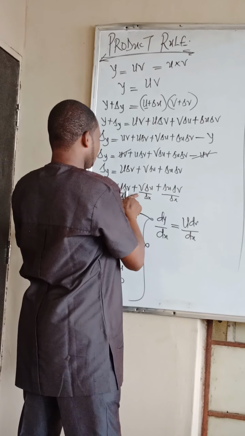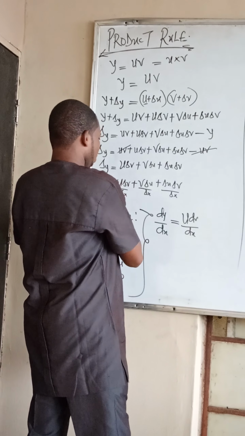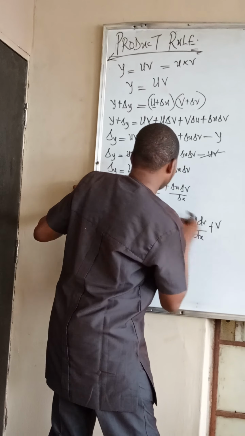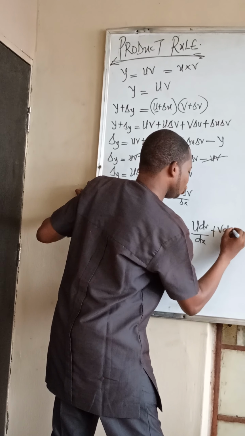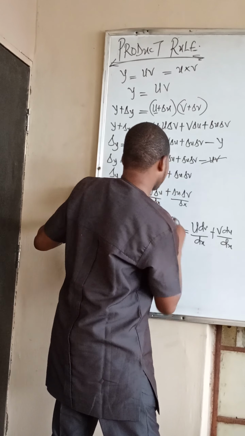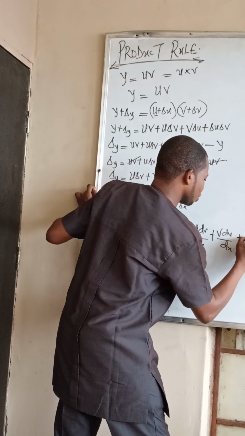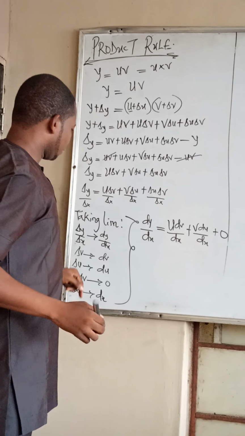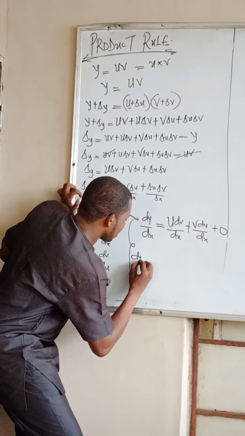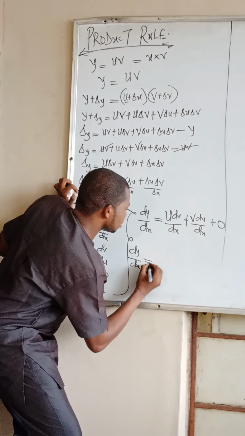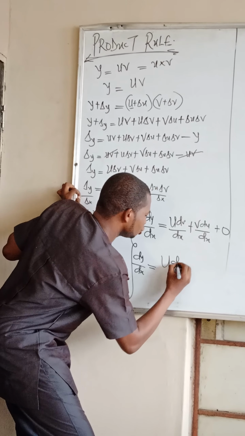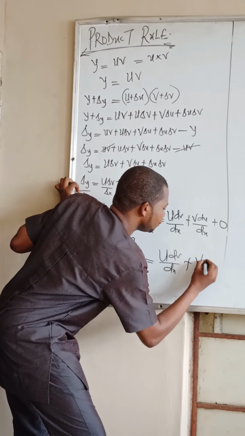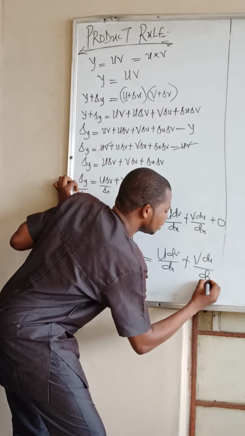So here we have plus v change in u, which has turned to du over dx. The whole of this now has become 0. So from here we now say dy/dx is equal to u dv over dx plus v du over dx.